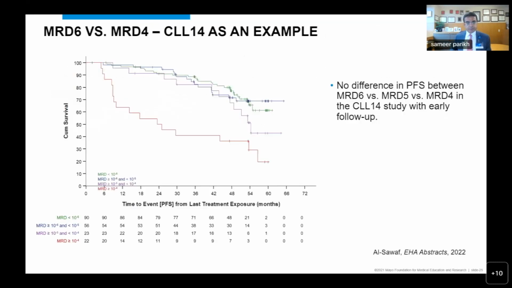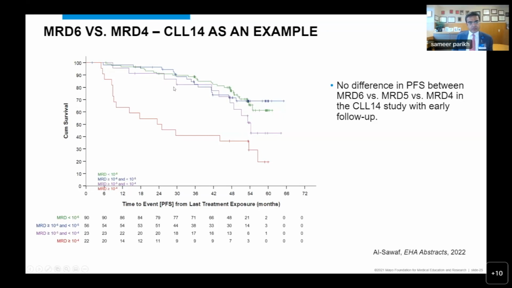So what about MRD6 versus MRD4? Now I said that the IWCLL criteria continue to advocate for using MRD4. Here are data from the CLL14 study that actually show MRD4 versus MRD6. You will see in the red at the bottom is MRD4, where patients have an inferior progression-free survival.